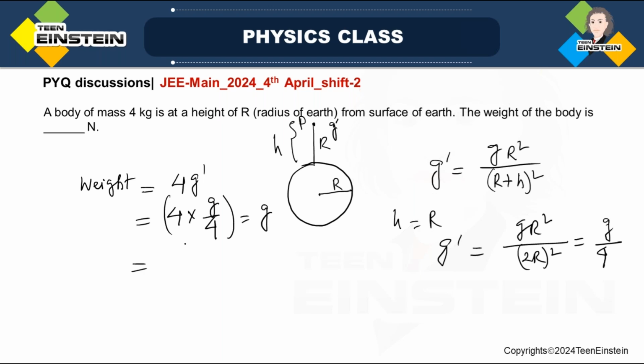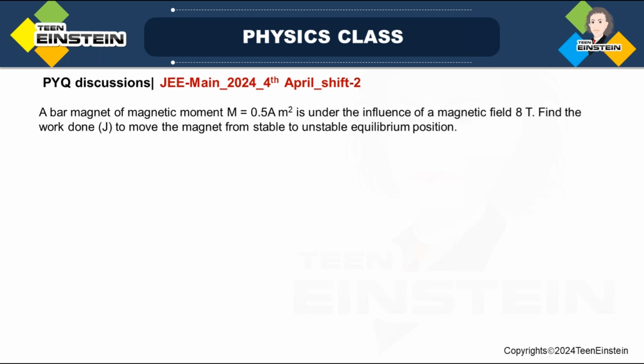And if I say this is a unit of force, and if I take g as 10, this will be 10 Newton. All right. Now let us go to the next problem. This is a problem from bar magnet.